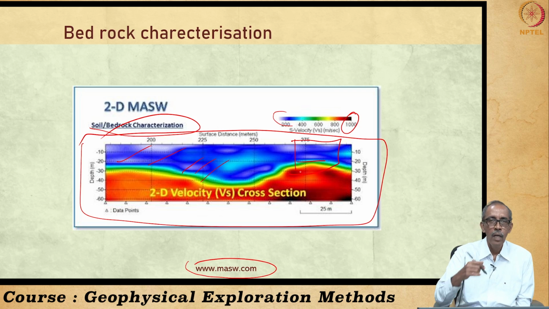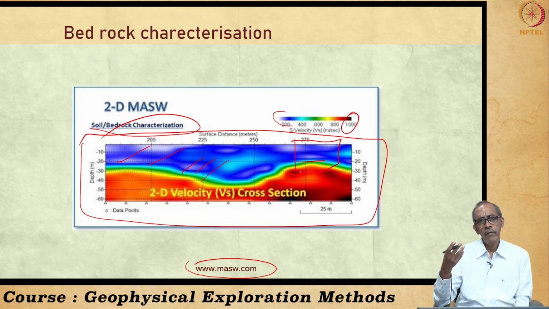Beyond that we have mostly a weathered rock, probably, but the velocity is nearly 1000. So, this is how we can use MASW to characterize the basement rocks to decide what kind of foundation we can plan for constructing a major building at this site.